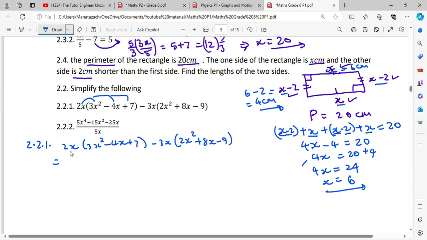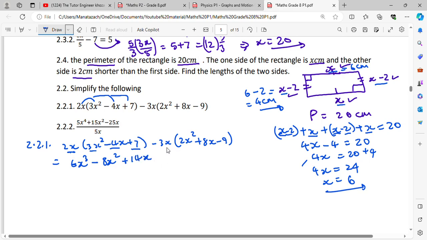So here 2x times 3x squared will give us 6x cubed. Then 2x times minus 4x will give us minus 8x squared. 2x times 7 will give us 14x.